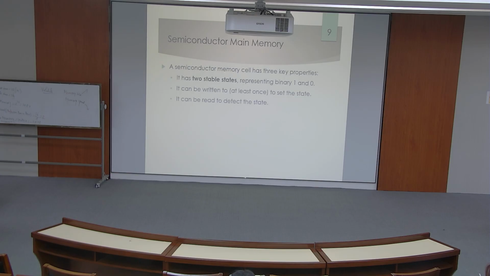It has two stable states, represented by 0 and 1. It can be written to at least once, which allows it to be set, and it can be read to detect the state. These are the three main properties of a semiconductor memory.